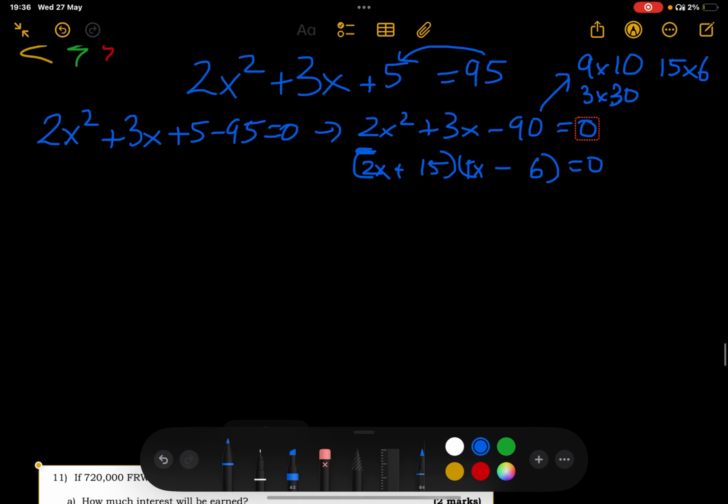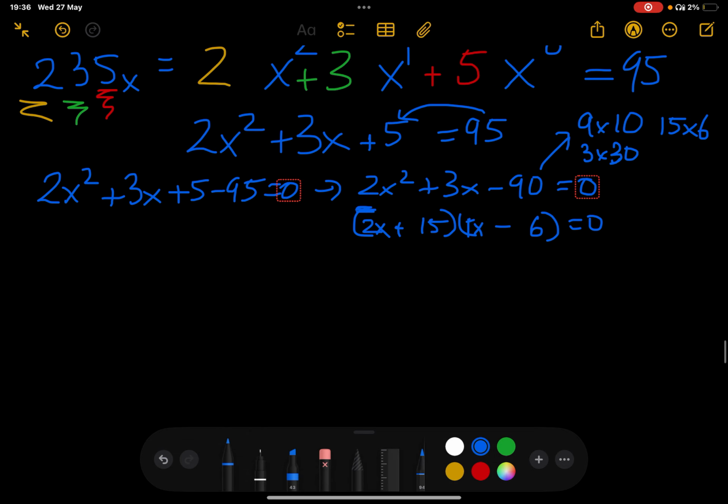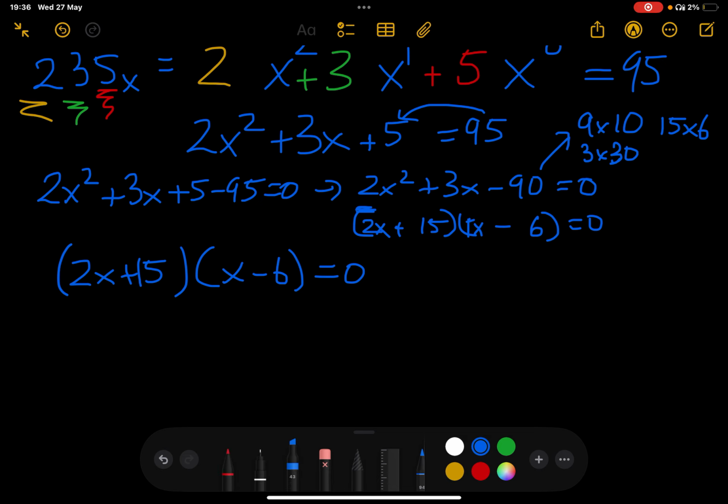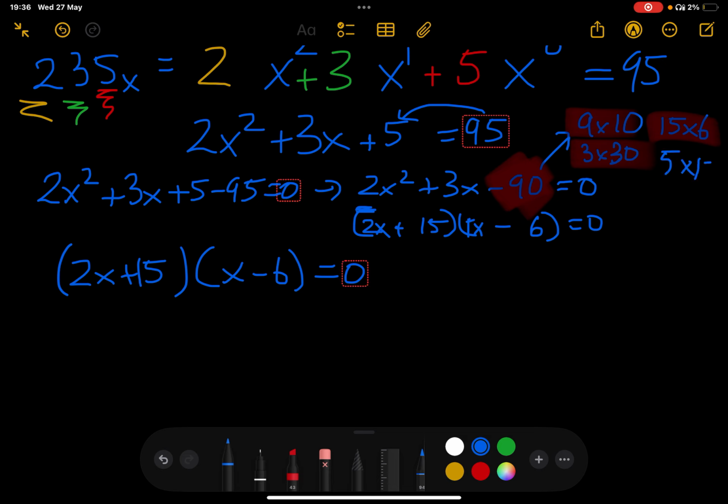Let me move the next question away. Okay, so we have 2x plus 15 times x minus 6 equals 0. You can always multiply them back out to check that it's correct. Basically what we did was look at all the factors of 90, which are up here. There are some more, I just didn't write them out, like 5 by 18.